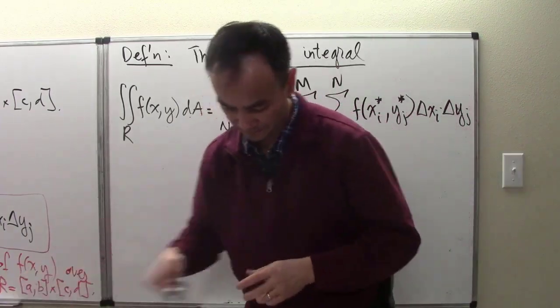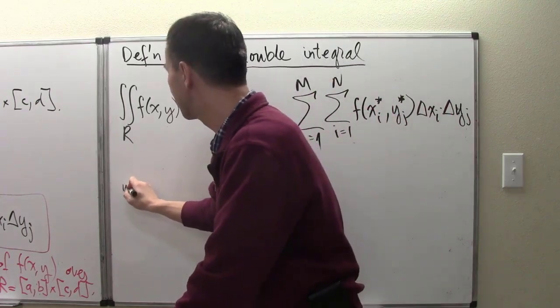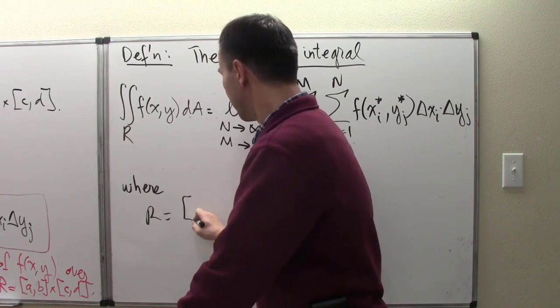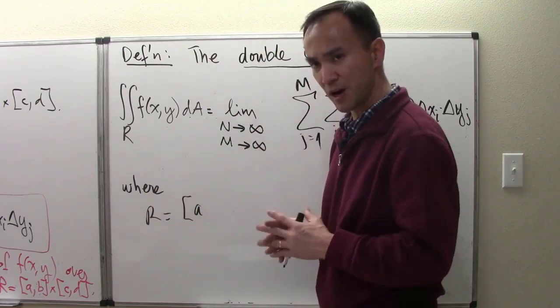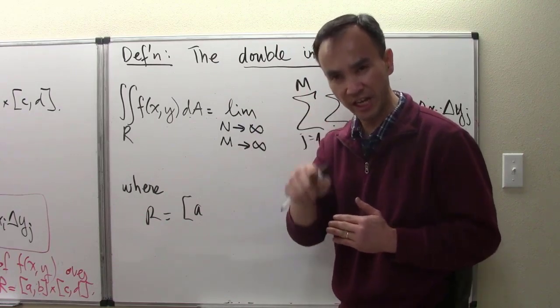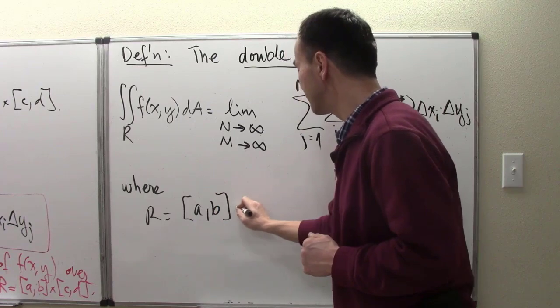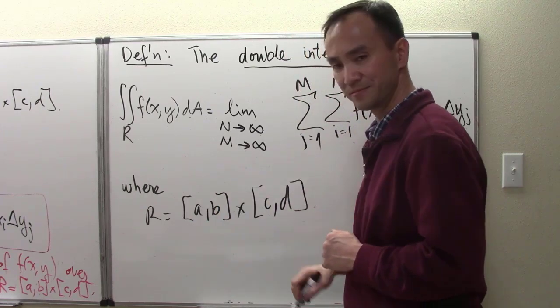So R right here, to complete this definition, is some region, some rectangle. What we're learning right now is, needless to say, the double integral specifically for a rectangular region: [a, b] by [c, d].